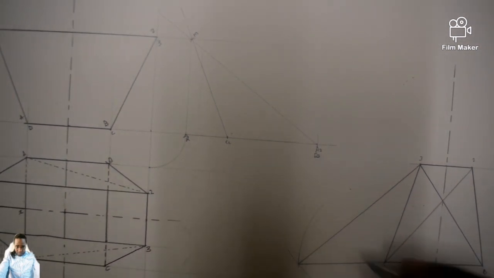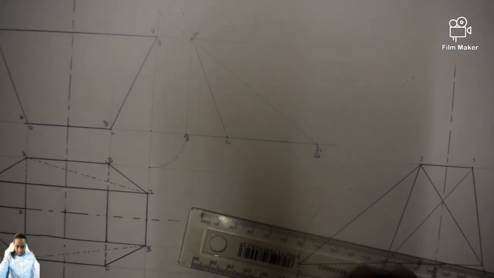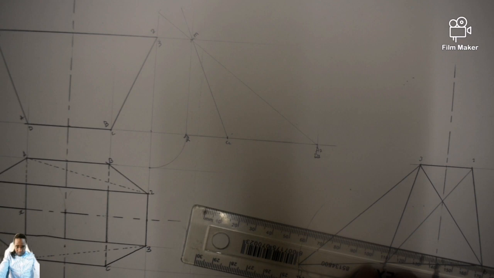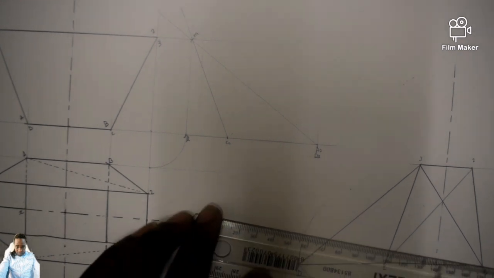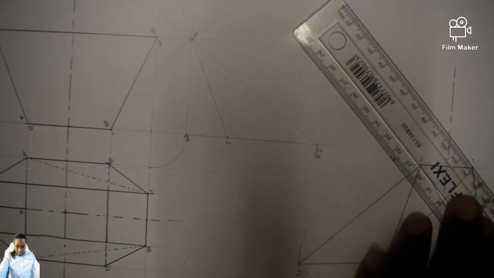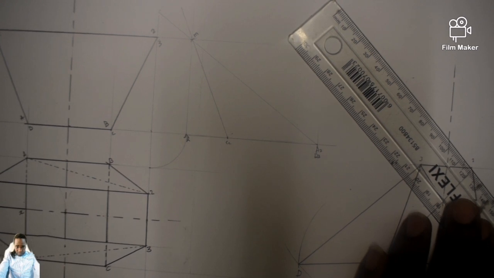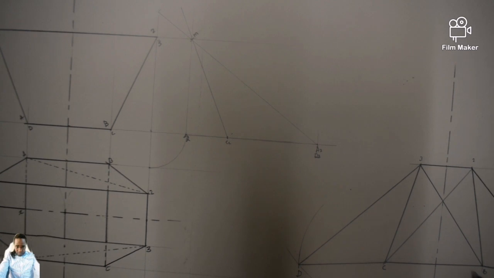There you go. So this is going to be C, D. Then there you go. There you go. This is going to be B, A. So you can erase here now. You don't need them.